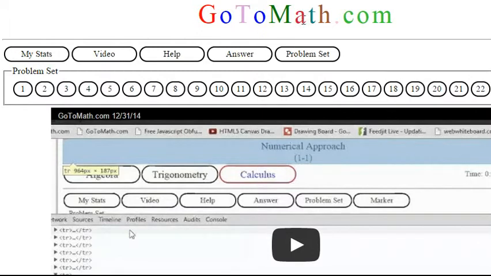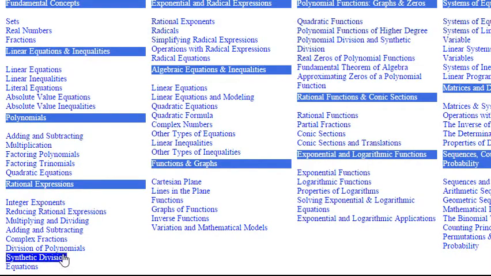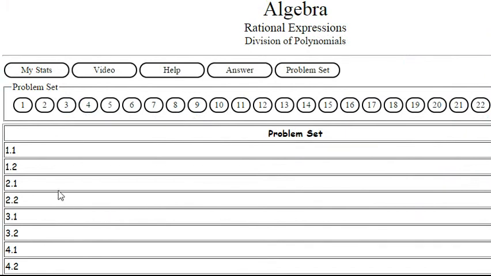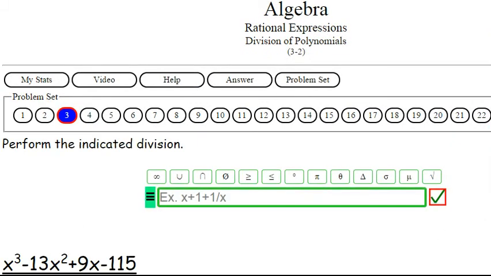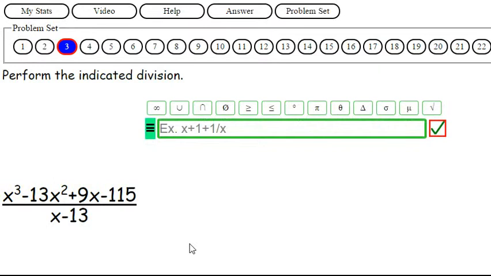Alright, we're over here at gotomath.com. Click on division of polynomials, and we're looking at 3.2, it looks like. So we have x cubed minus 13x squared plus 9x minus 115, and that's going to be all over x minus 13.